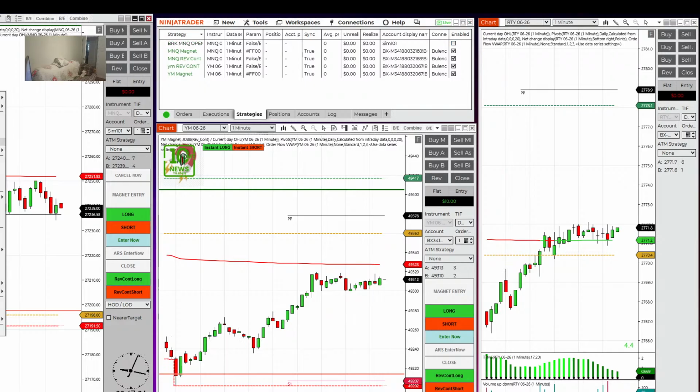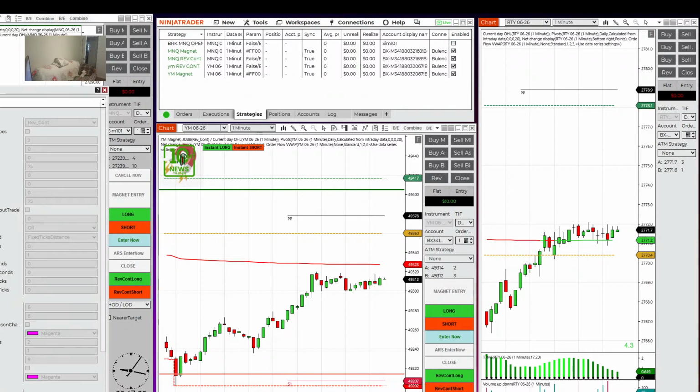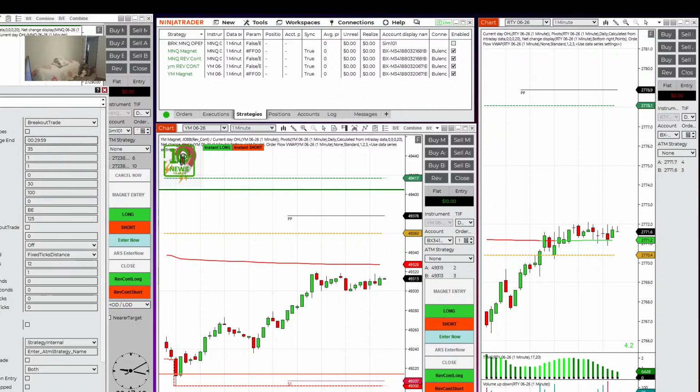Now I'm going to right click, click back on strategies, highlight our breakout, put the time correct, 9:29:59. Sorry, 9:29. So 9:30 open. 9:29:59, a 35 bracket. Position 1 is 1 contract. Position 2 is 1 contract.